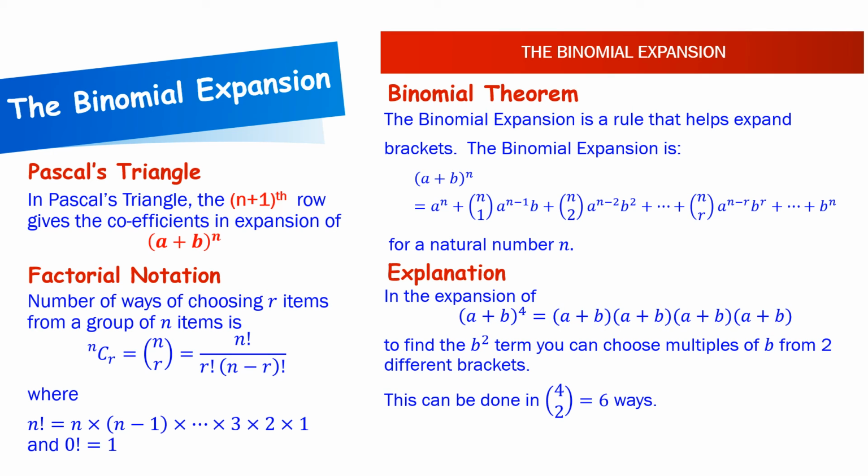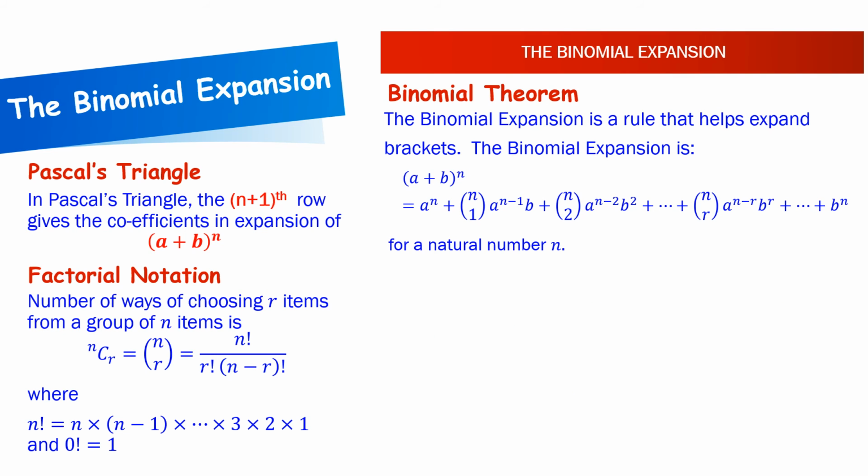And this is, of course, equal to 6 ways. Therefore, the b squared term is 6a squared b squared. We will now apply the binomial theorem to an example.